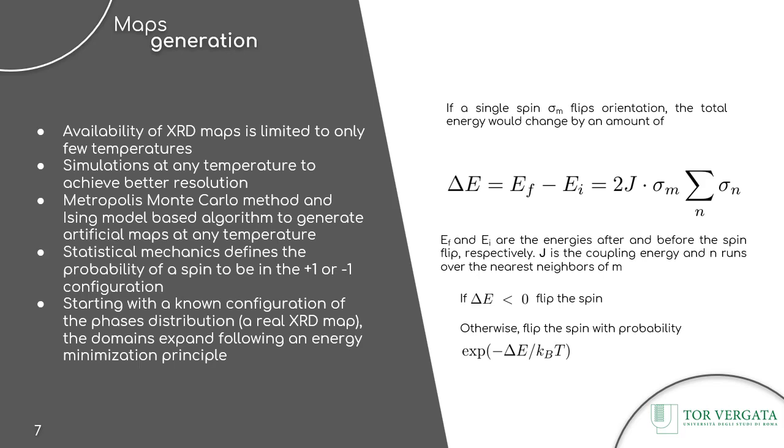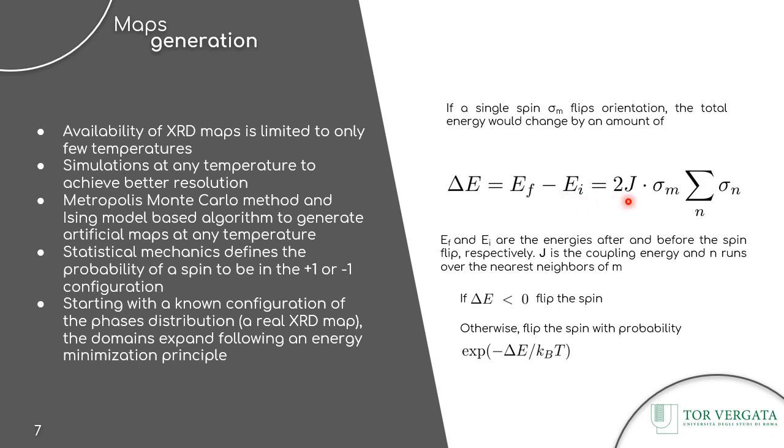So from statistical mechanics, we define the probability of a spin, or in this case a pixel, to be in ±1 configuration. So if a single spin or pixel, sigma m, is to flip its orientation, the total energy would change by an amount described by the following formula, where EF and EE are the energies after and before the spin flip.